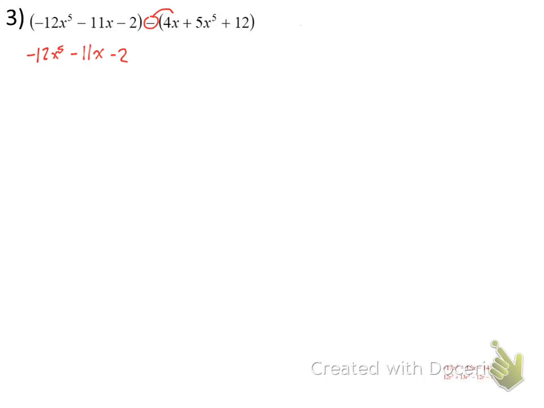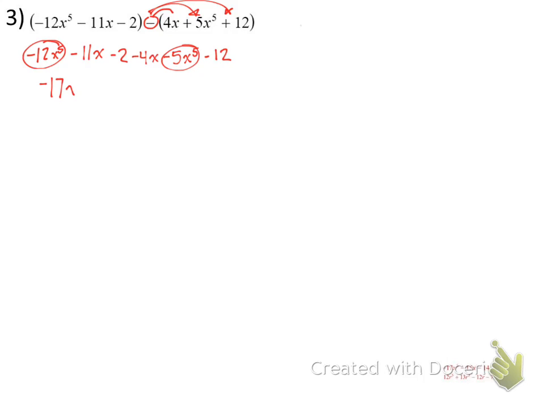Negative times 4x is negative 4x. Negative times 5x to the 5th is negative 5x to the 5th. Negative times 12 is negative 12. Okay? Combine like terms. So, negative 12x to the 5th minus 5x to the 5th is?